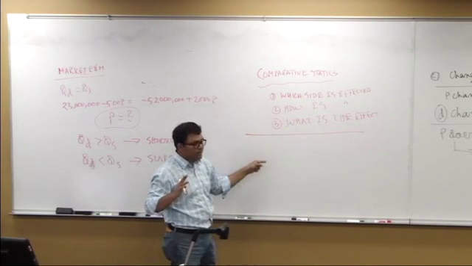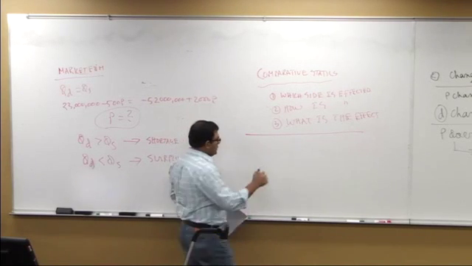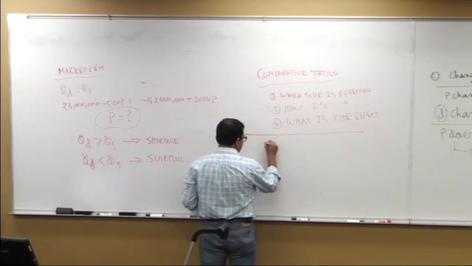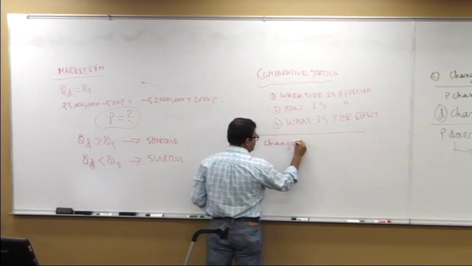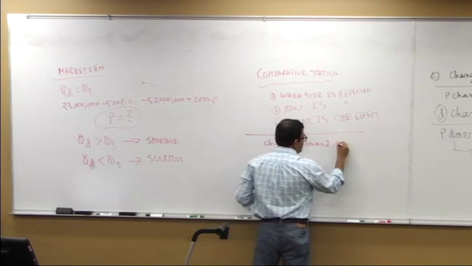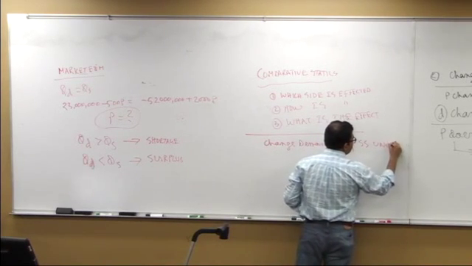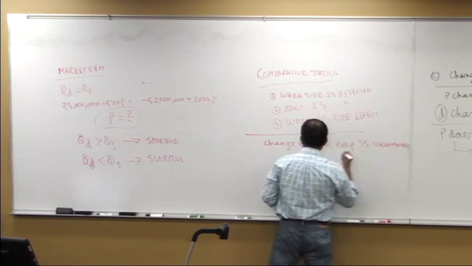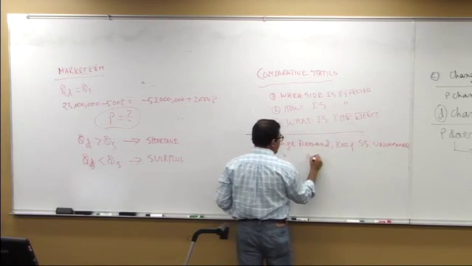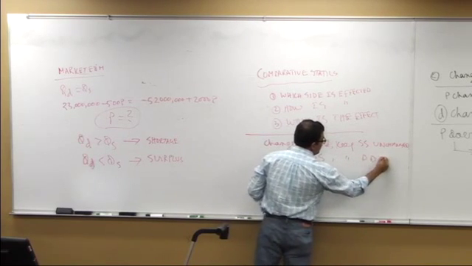In order to do 3, we have 2 rules of thumb, and they are very, very important. Please remember 2 rules of thumb. The rule of thumb is very simple. When you change demand, keep supply unchanged. And when you change supply, keep demand unchanged.